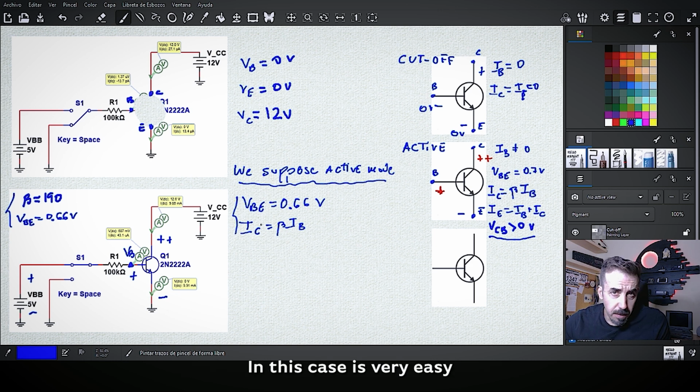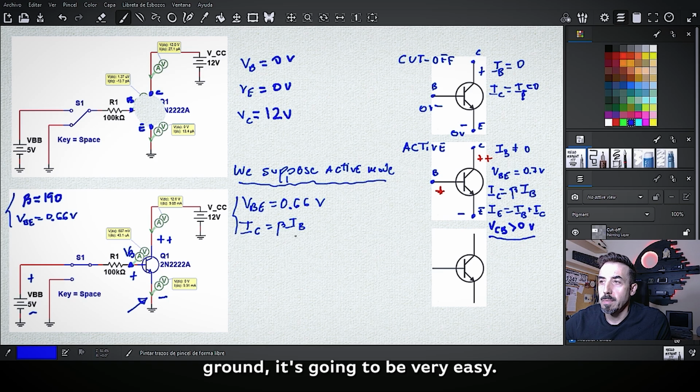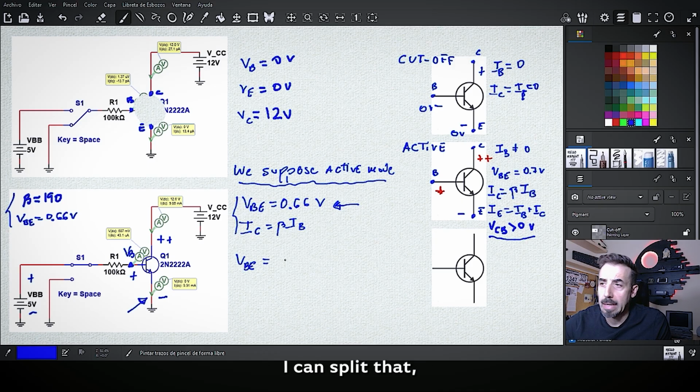In this case, it's very easy, because in all the problems where the emitter is directly connected to ground, it's going to be very easy. Look, from the first equation, I can split the voltage base-emitter: this is voltage base less voltage emitter.